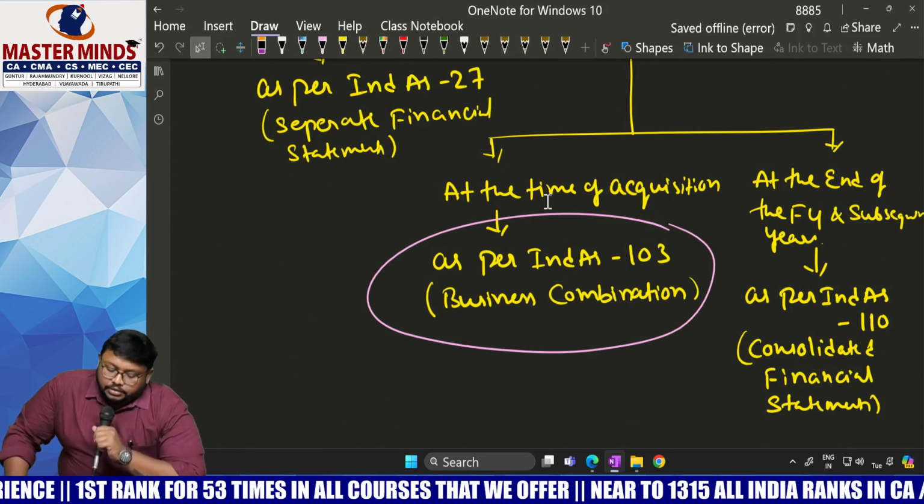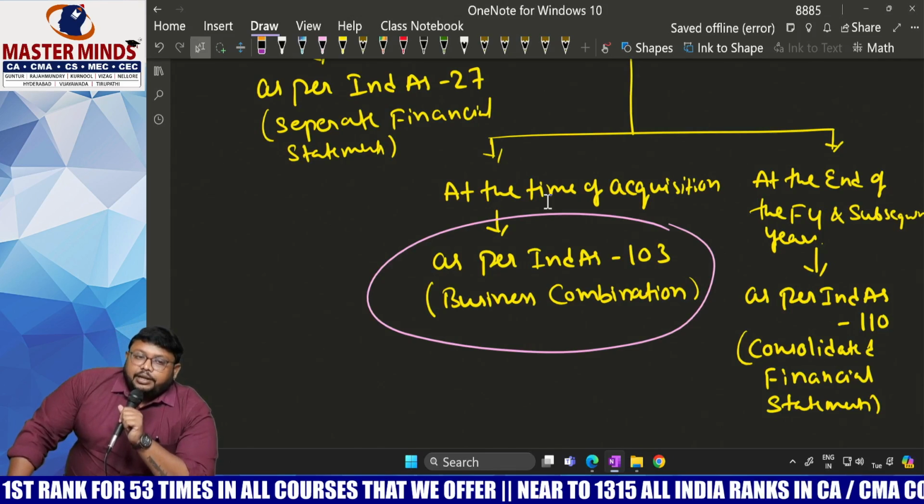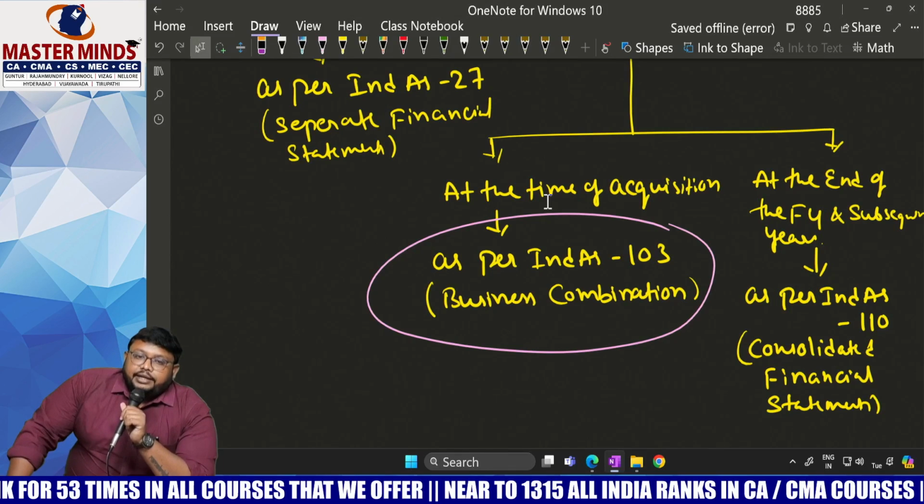So on the date of acquisition, we will apply Ind AS 103. At the end of the year, we will apply Ind AS 110.